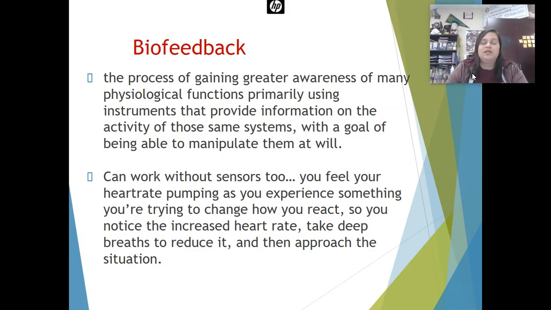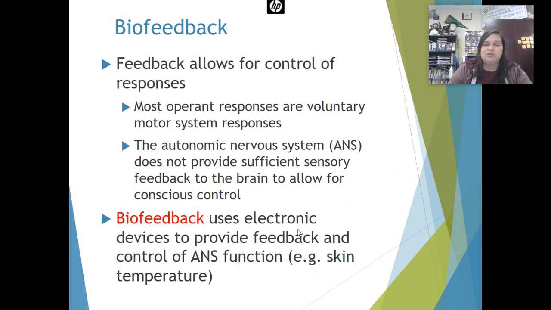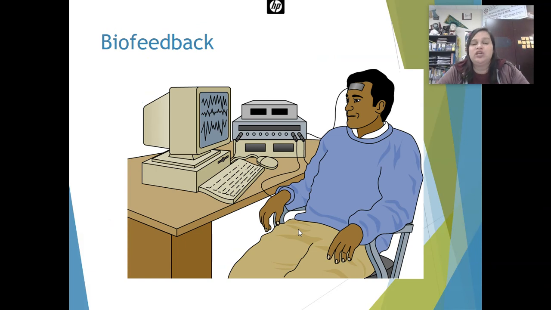Biofeedback is a specific type of operant conditioning where you can learn to control some of your physiological processes using specific types of machines to control them. This can work without machines as well, but let me explain the example a little bit more. So let's say you are trying to learn to control your heart rate because of anxiety.